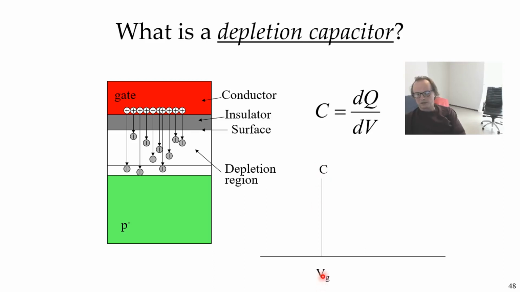So if you plot the capacitance as a function of the gate voltage, it decreases like this until you get to threshold voltage, and then it suddenly goes up to be just equal to the oxide capacitance, because all the new charge appears as mobile charge right at the surface. That's the oxide capacitance, Cox, per unit area.